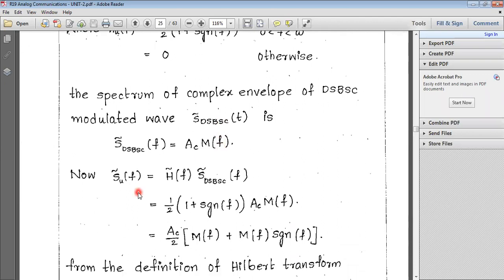In frequency domain we can write the DSBSC complex envelope of S in frequency domain, which is equal to Ac into M of f. So after taking the Fourier transform, we have Ac into capital M of f.